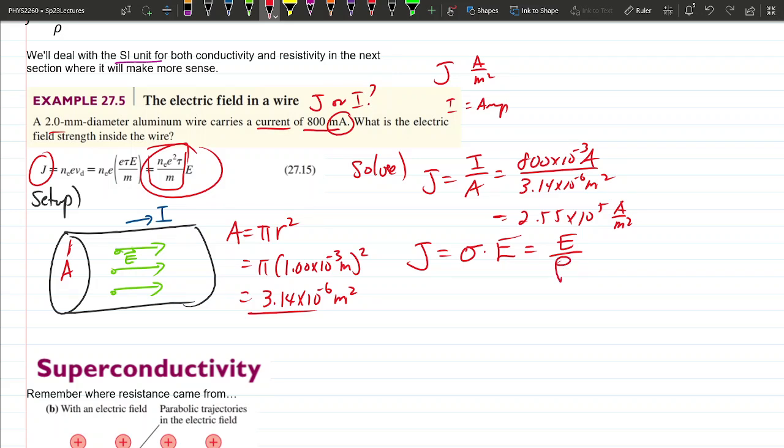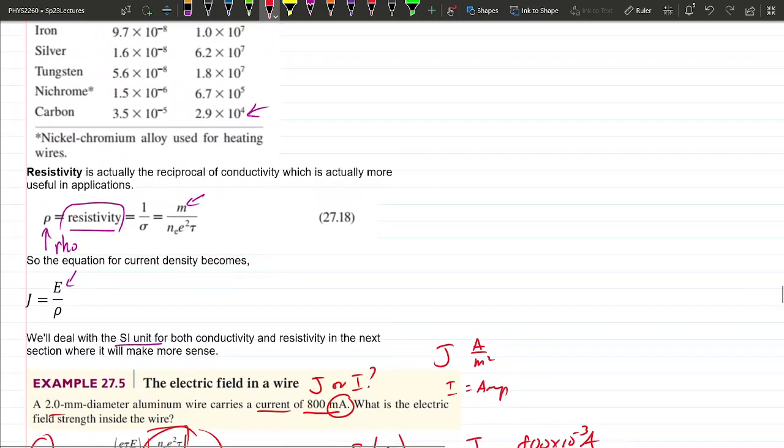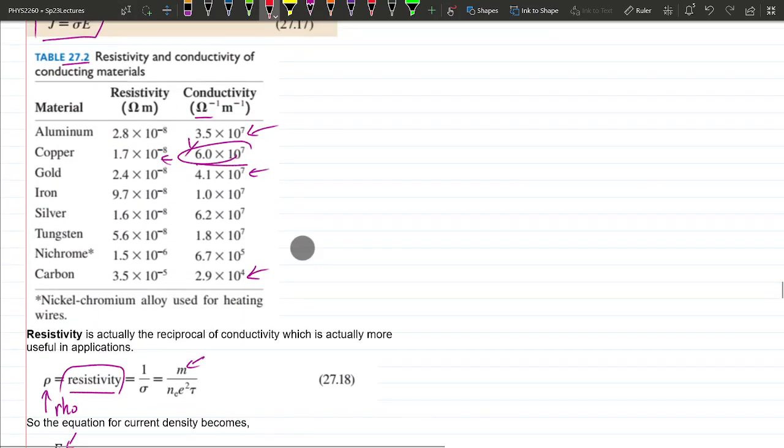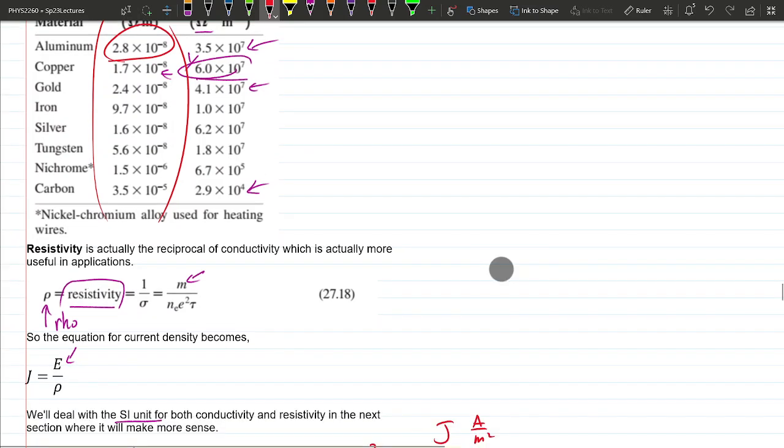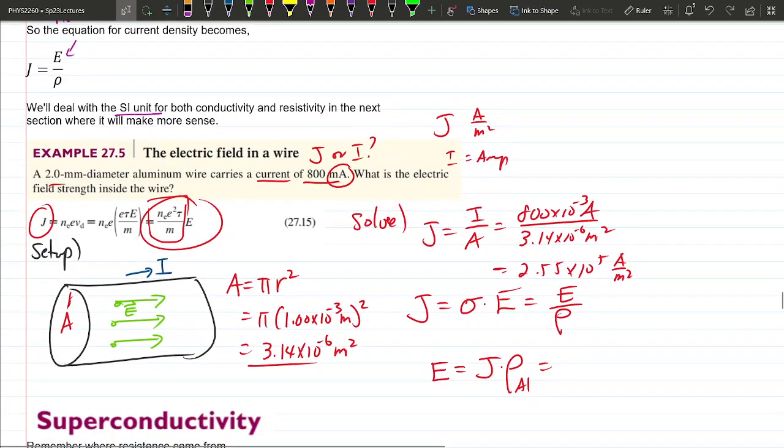I'm going to use the resistivity, because we're going to use resistivity after this. So the electric field is just the current density times the resistivity of aluminum. Aluminum's resistivity is up here, in this first column, and this number is 2.8 times 10 to the negative 8.